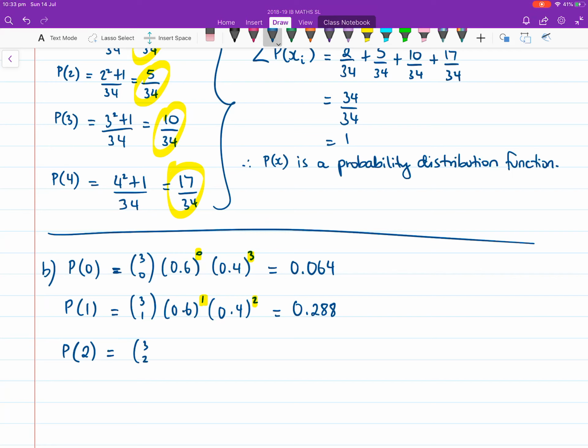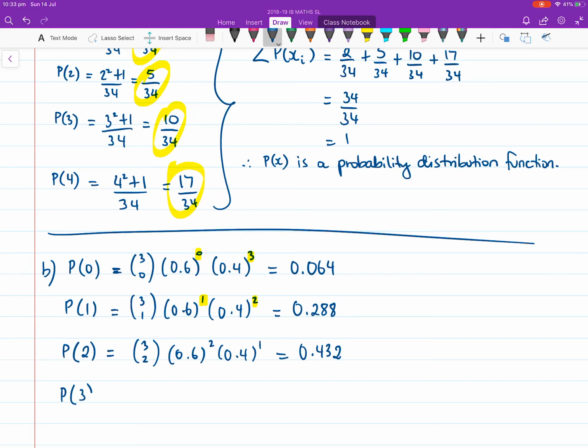Then you've got P(2), which is 3 choose 2. So you've got 0.6 to the power of 2 and then 0.4 to the power of 1, and on the calculator that'll give us 0.432.